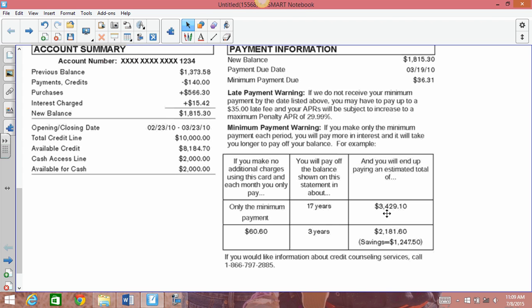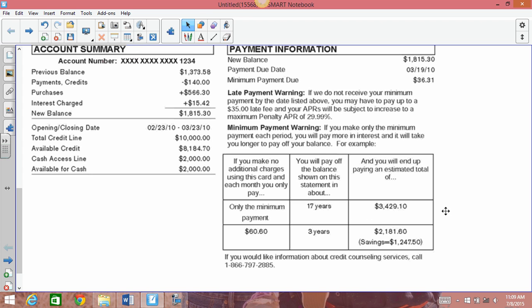And what's even more telling is that that's assuming you take this credit card and put it in the freezer, and you don't make another charge on it until you pay off that $1,800. If you continue to make charges, it's going to take you even longer to pay this off.